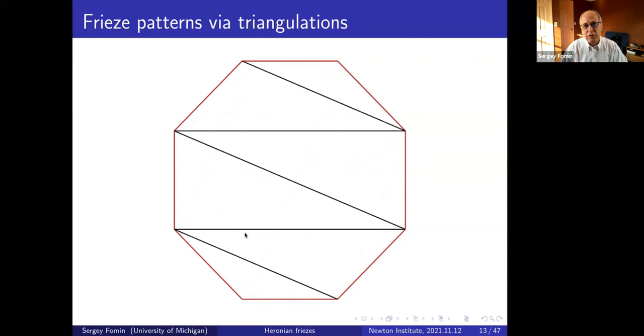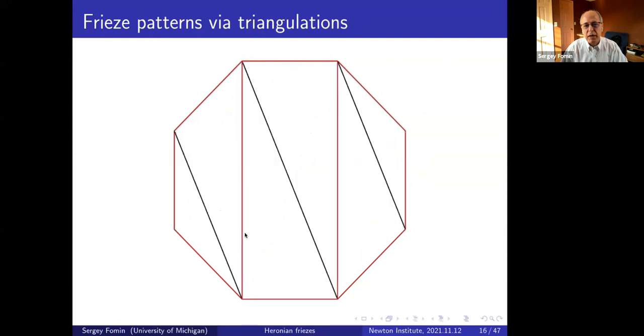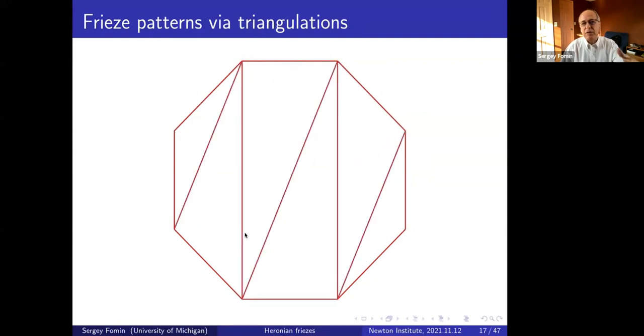And this keeps rotating until we finally arrive at the same triangulation with a different labeling, and we recover A, B, C, D. Okay, so this is the story that all of you, I imagine, know very well.